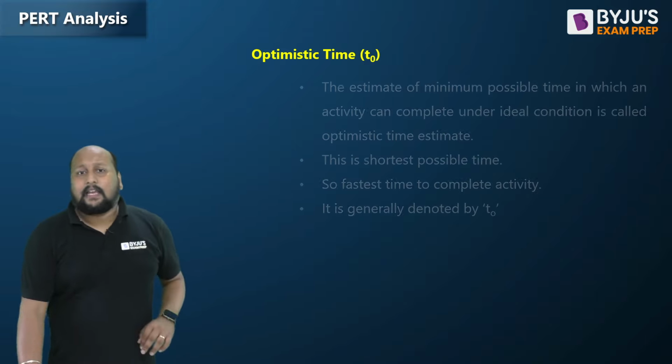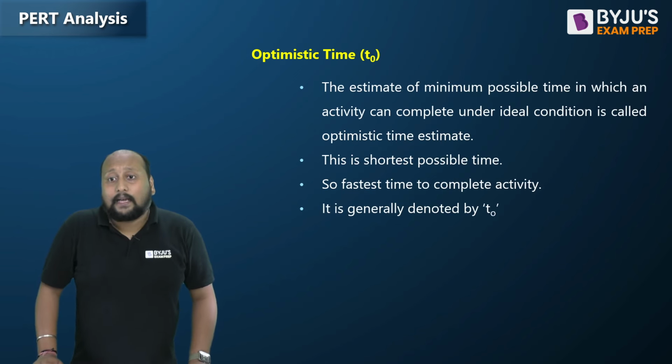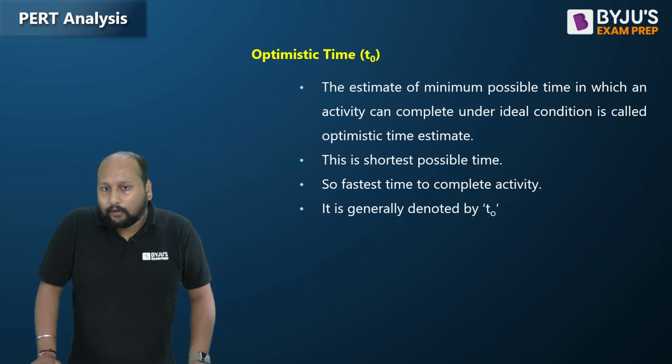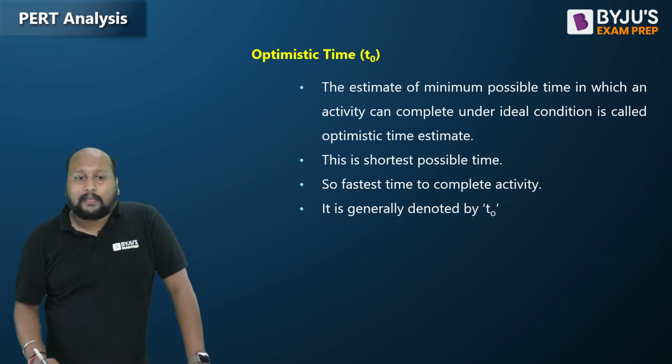Or I can say optimistic time is nothing but an estimate of the minimum possible time in which the activity can complete under ideal conditions, because this is not a condition we can actually obtain in a real-life scenario, right? So it is the shortest possible time, and we denote this particular time period with TO, right? We are denoting this as TO.